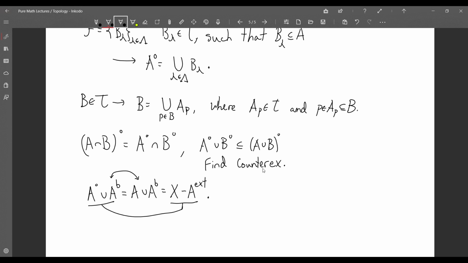essentially because the boundary in a sense completes A, and we'll talk about that next time.